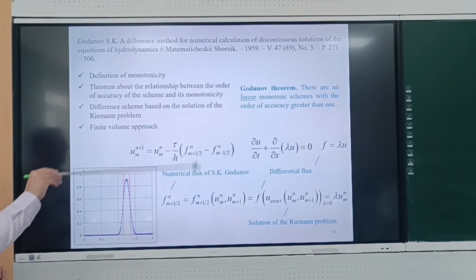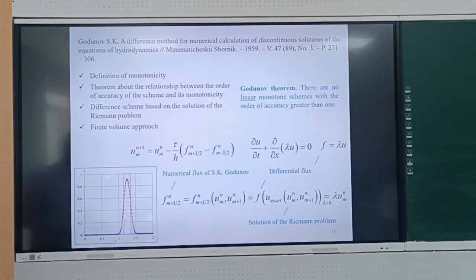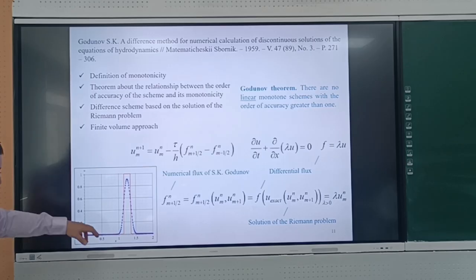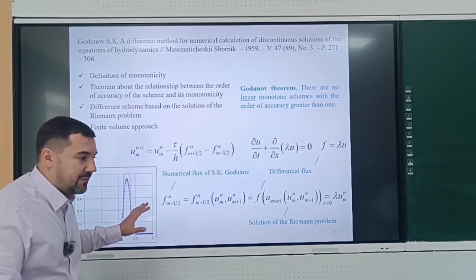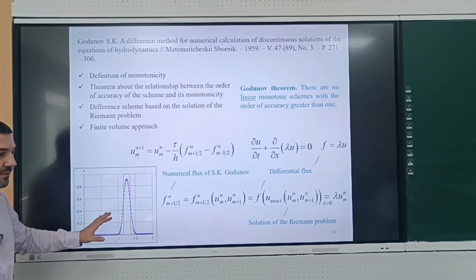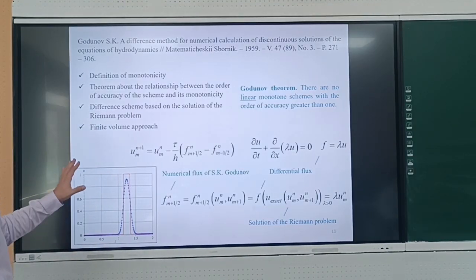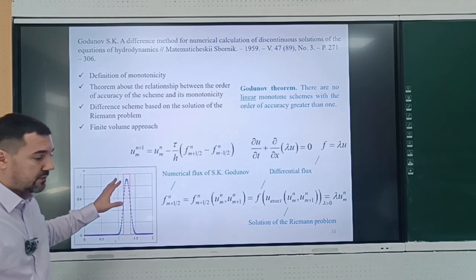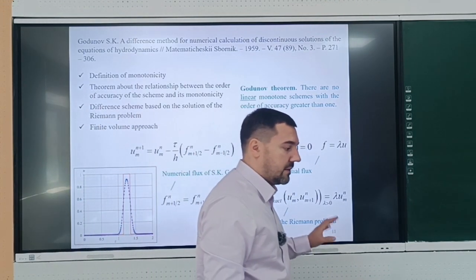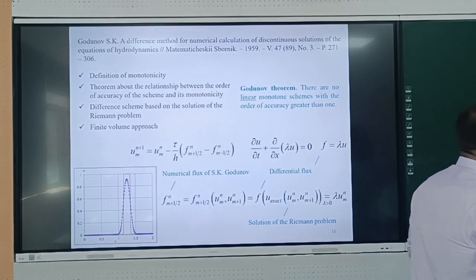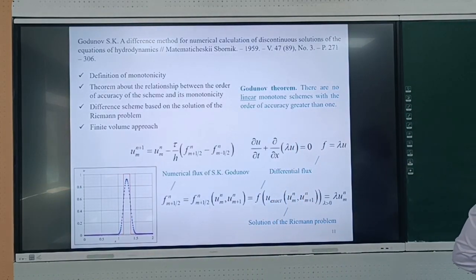So everything is here. In fact, the Courant-Isaacson-Rees numerical scheme can also be called the Godunov scheme, because for the linear advection equation the Godunov finite volume scheme and the Courant-Isaacson-Rees scheme are equivalent. They're just the same. We have 5 more minutes, right?